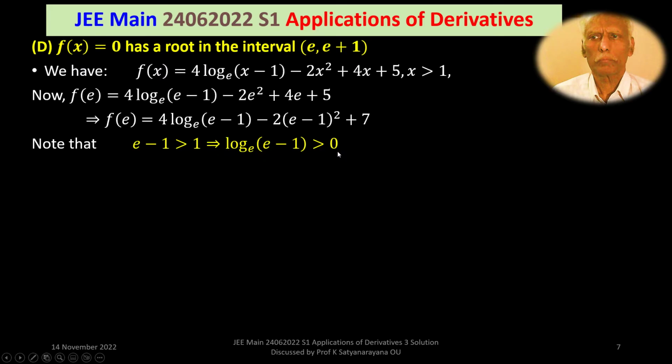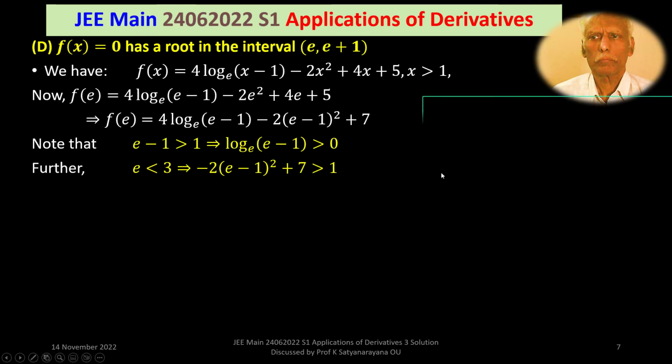Taking the logarithms on both sides, log being an increasing function, this happens. So e minus 1 greater than 1 implies log of e minus 1 greater than log of 1, because log x is an increasing function and log of 1 is 0. So this part is greater than 0. This part is greater than 0. So let's see further, e less than 3 will imply minus 2 times e minus 1 whole square plus 7 is greater than 1.